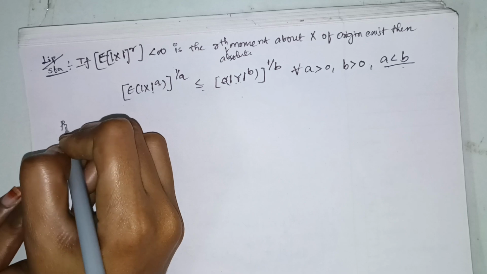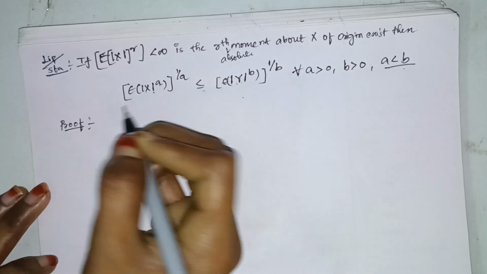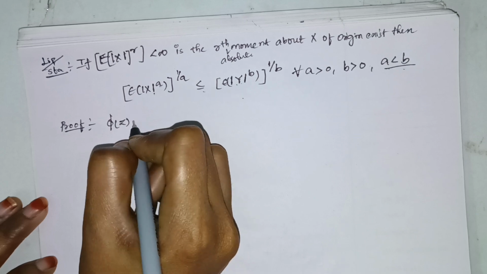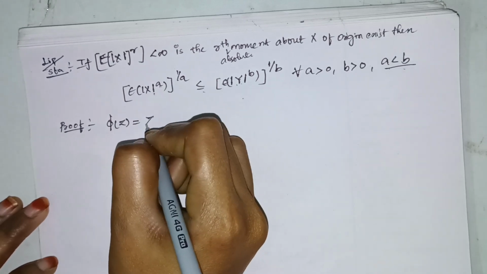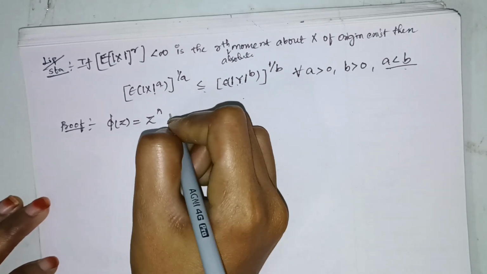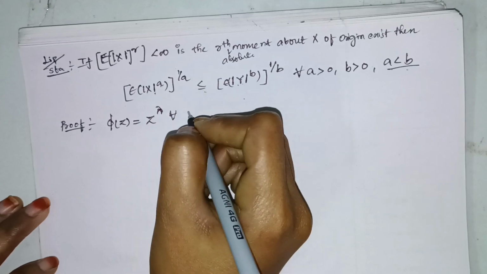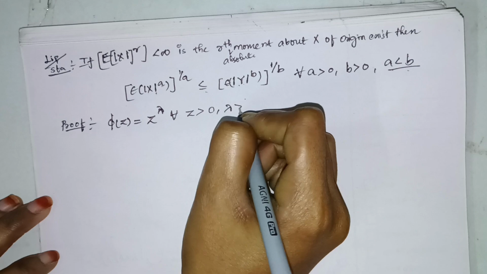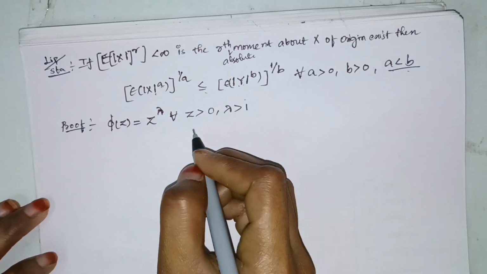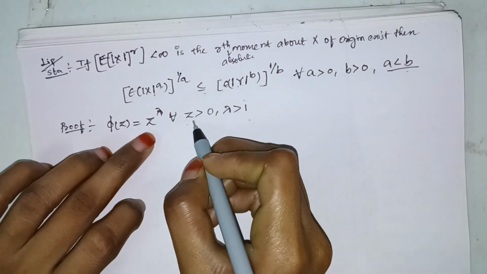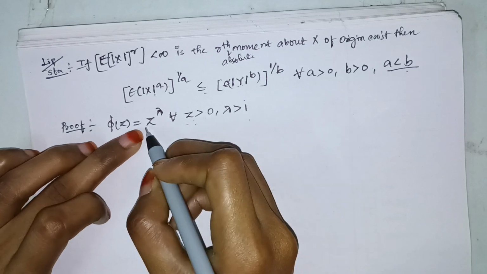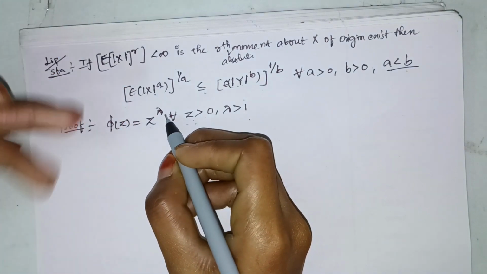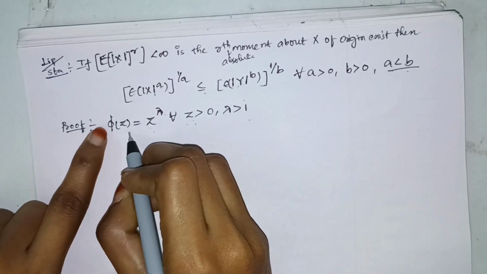Now prove. In order to prove, consider a characteristic function which is phi of z is equals to z to the power of lambda for all z greater than 0 and lambda greater than 1. Here we are considering this because if z is 0, then 0 to any power is nothing but 0, therefore phi of z will become 0.